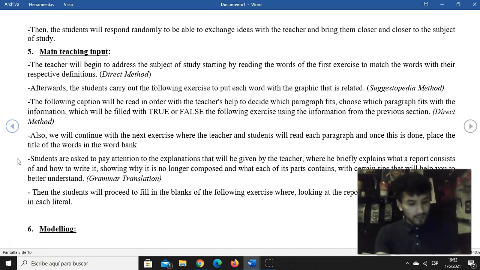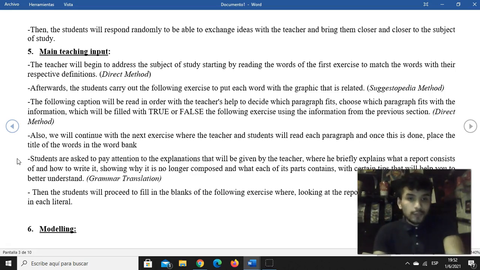If we read the caption, my students can answer the questions of activity number 4, which consists of answering true or false to each of these sentences that we have here in our book.